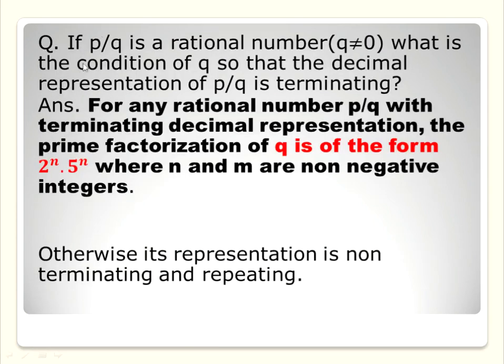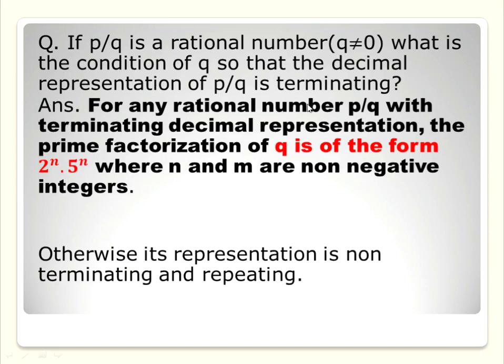In another question, if p upon q is a rational number and q not equal to 0, what is the condition on q so that the decimal representation of p upon q is terminating? This is a very important statement.